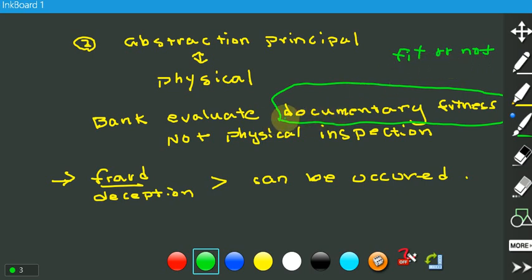Letter of credit is so-called documentary evaluations. If the documentary is okay, if the documentary is well equipped, then the bank should pay the beneficiary. That is the abstract principle. They don't go out for real inspections. Then we might have fraud or deceptions, international fraud, because of this principle.